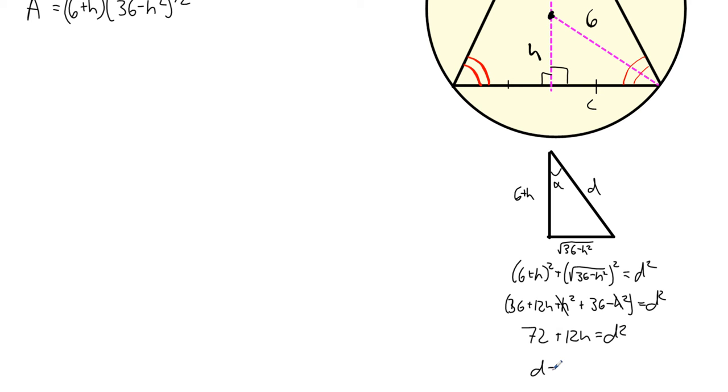I'm sure you guys see it. And so d will equal the square root of 72 plus 12h.